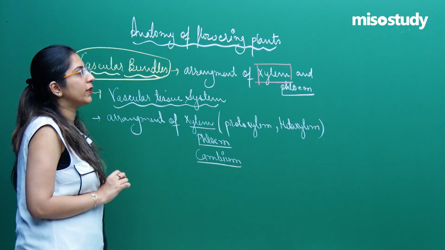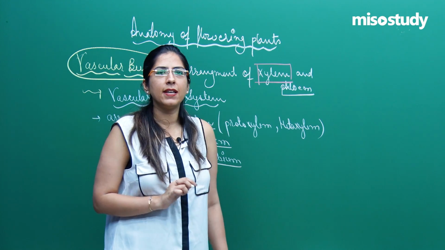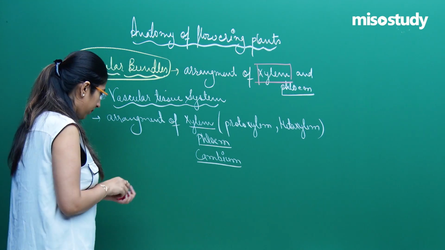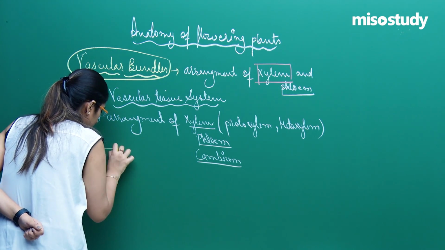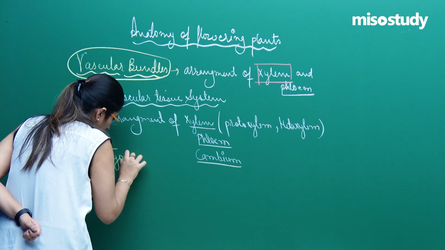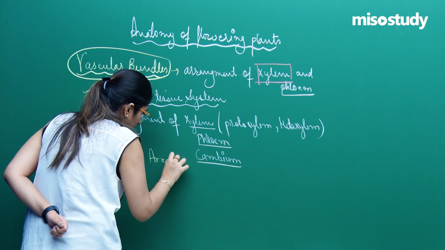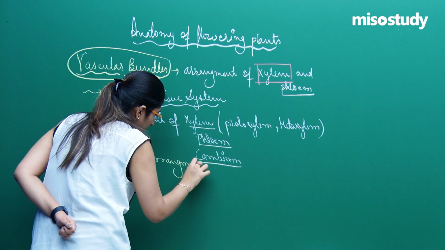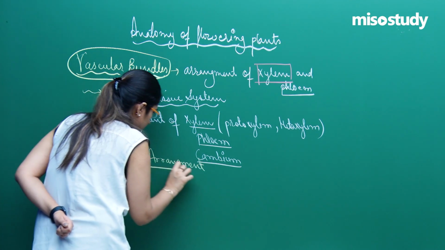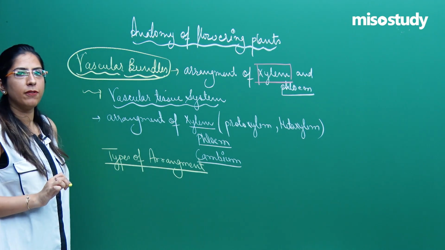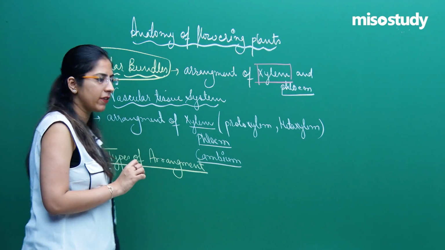Let's talk about the first type of arrangement, which is called the radial type of arrangement. We have majorly three types of arrangement.